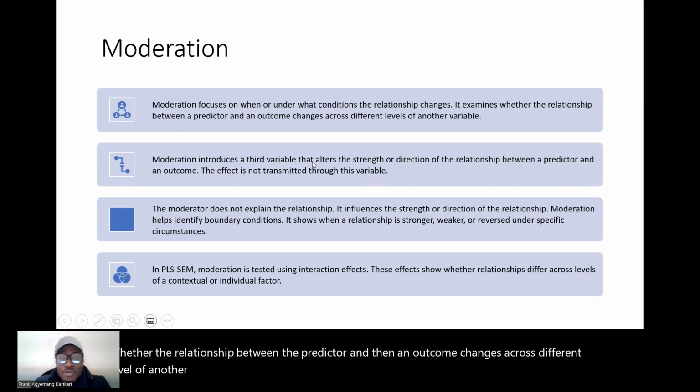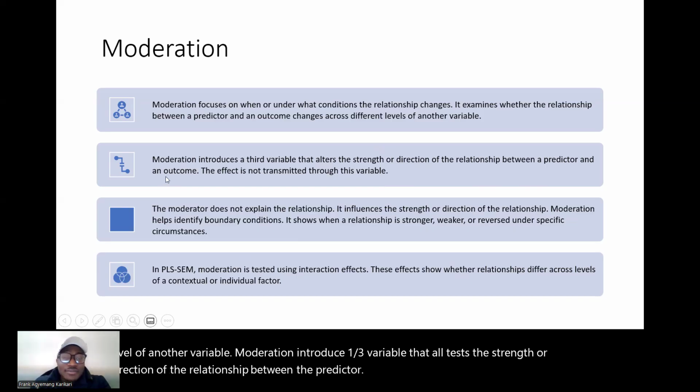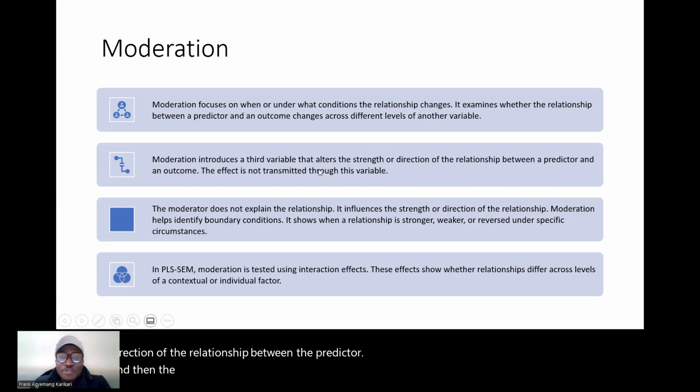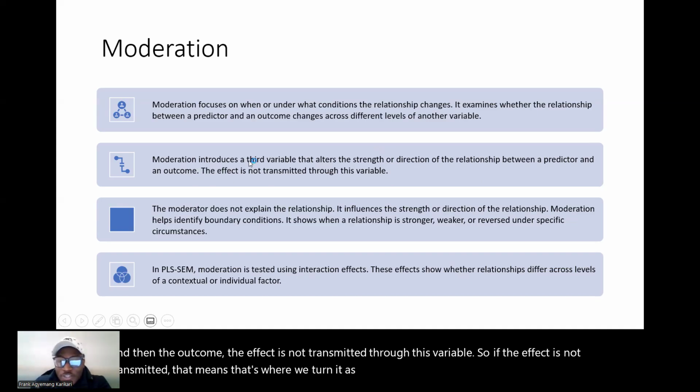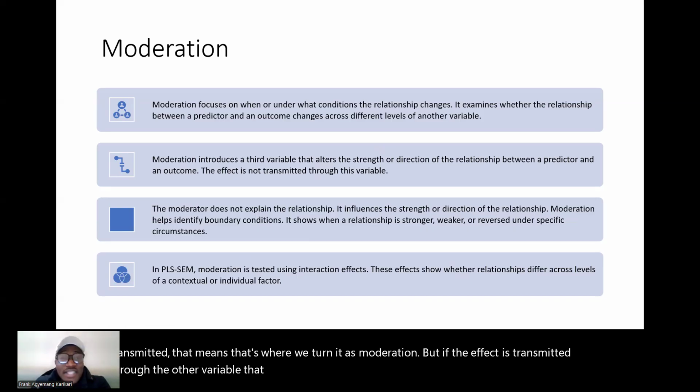Moderation introduces a third variable that alters the strength or direction of the relationship between the predictor and the outcome. The effect is not transmitted through this variable. So if the effect is not transmitted, that's where we term it as moderation. But if the effect is transmitted through the other variable, that is mediation. So mediation is transmitted through another variable.